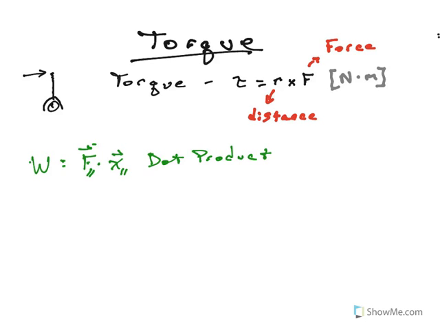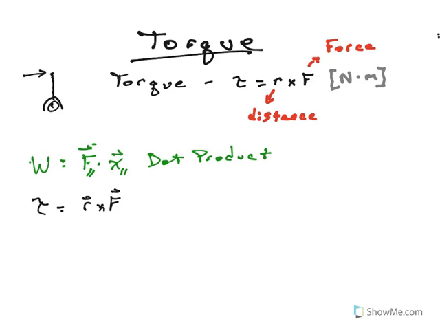Well, here we have something different. Now what we have, torque, is R cross F, where, of course, force is still a vector, and the distance, and we're calling it R for distance, that's just the standard notation, but it still means distance.